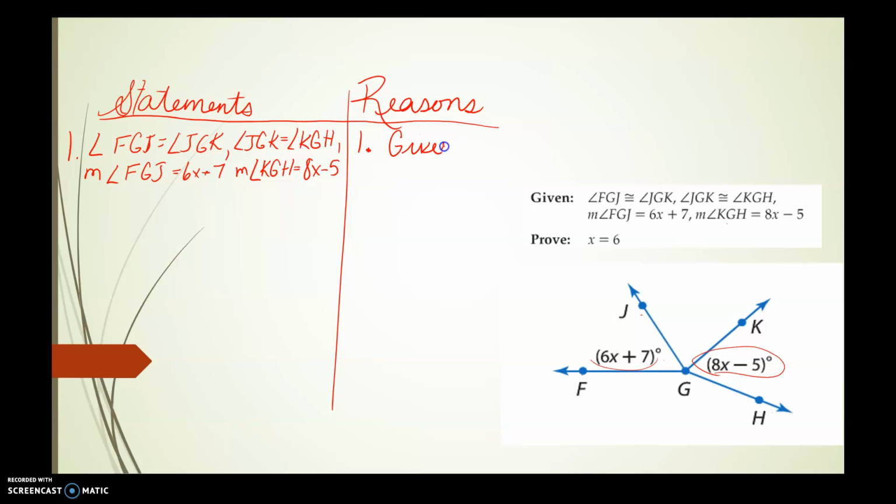So I'm going to start with what I have here. I have one angle equal to a second, and the second equal to the third. There's a property that talks about when I have the first equal to the second and the second equal to the third, then the first is equal to the third. So I can say that angle FGJ is congruent to angle KGH, because if 1 is equal to 2 and 2 is equal to 3, then 1 is equal to 3.